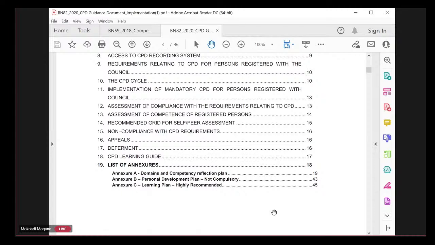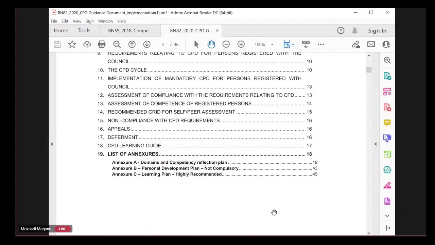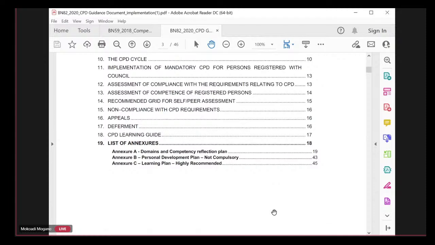As you might well know, currently we do not assess the CPD activities for competence, but we do assess them for compliance. So it is important that pharmacists do comply with CPD requirements in the respective years. All right, there's also the recommended grid for self or peer assessment, and we also look at non-compliance with CPD requirements.